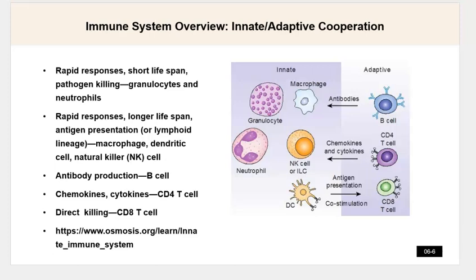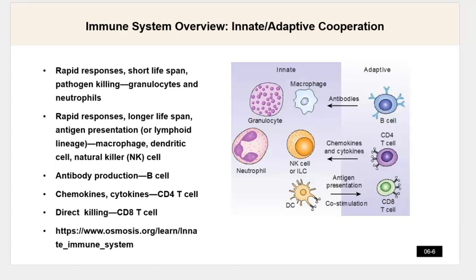There are two types of T cells. We have the CD4, which is the helper cell, and then we have the CD8, which is referred to as the CTL. Sometimes when you're reading other texts or materials, they're just called the helper cells or the killer cells, or what have you.